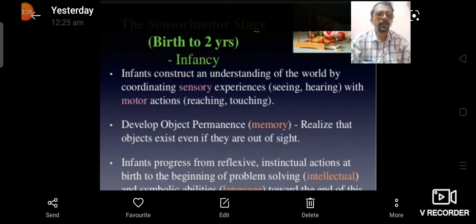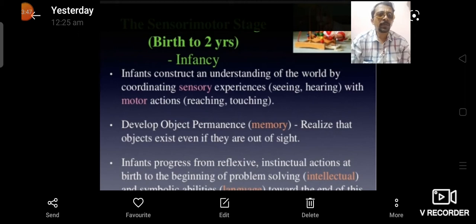Then they develop object permanence through memory. They realize that objects exist even if they are out of sight.